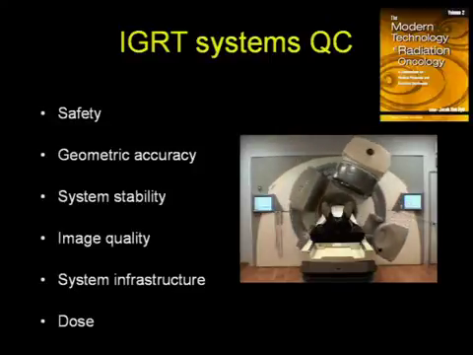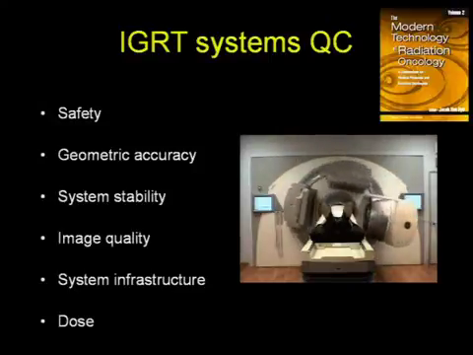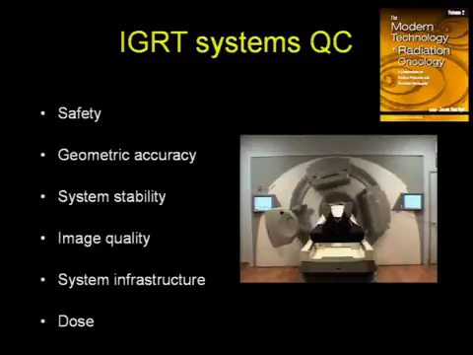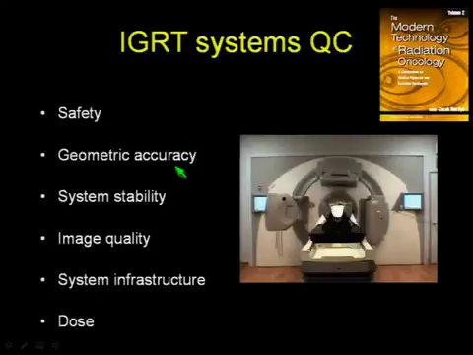As far as quality control testing for IGRT systems, users have been defining areas that are worth considering. First is safety. Second is geometric accuracy, system stability, image quality, system infrastructure, and dose.